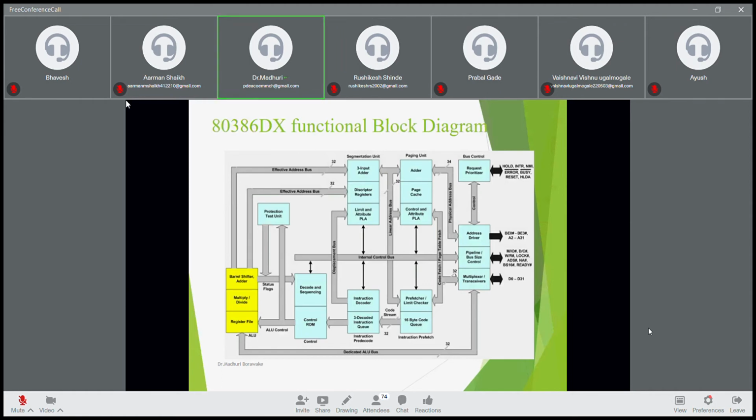This is called decoding. And whenever it accepts that instruction, that is called fetching. And execution means after decoding, the .exe file will be created, and then it will come.